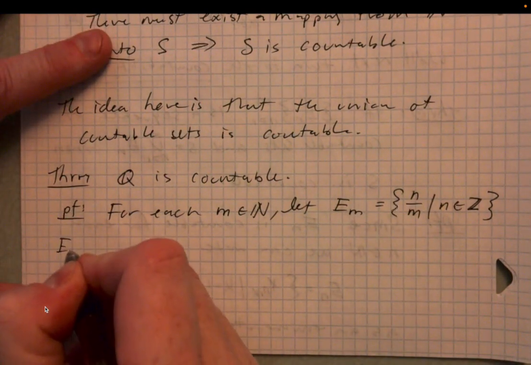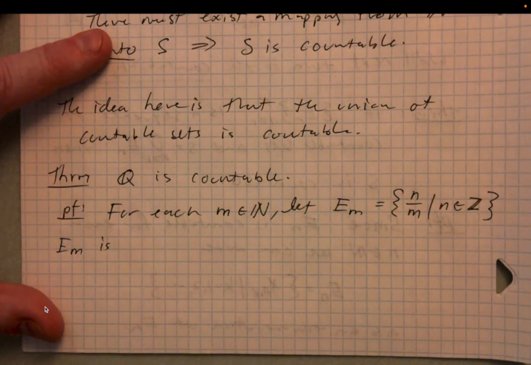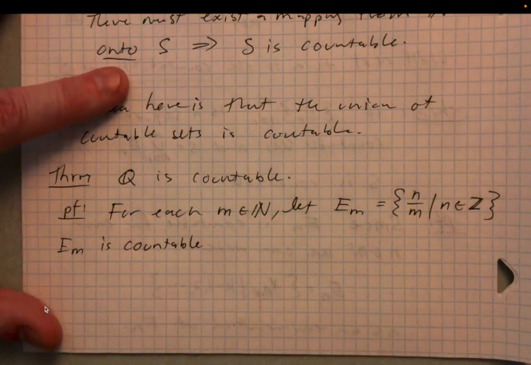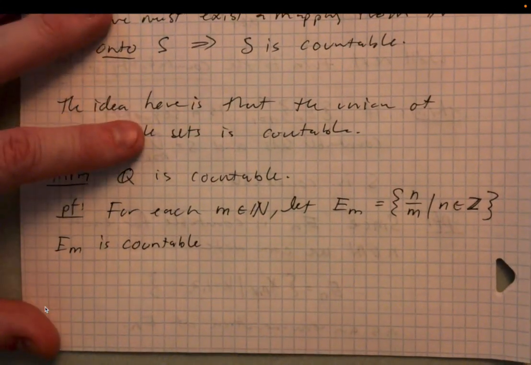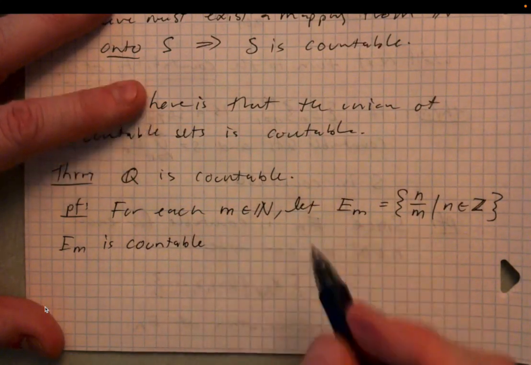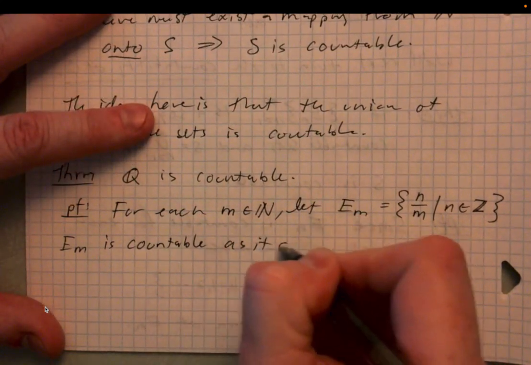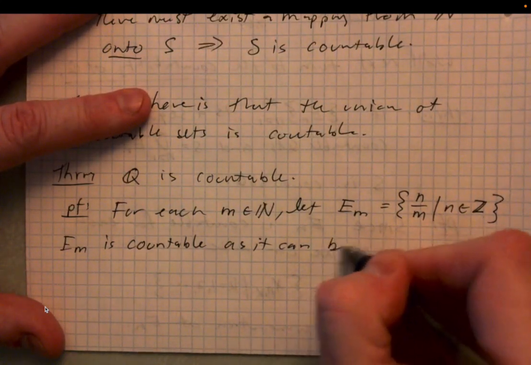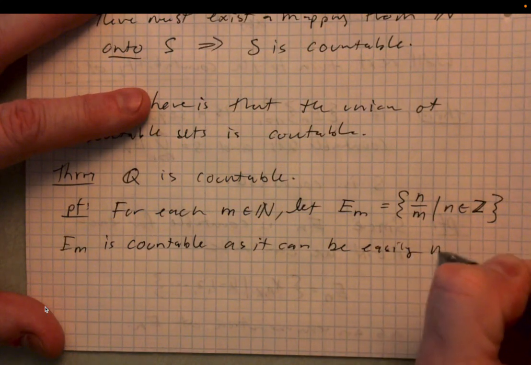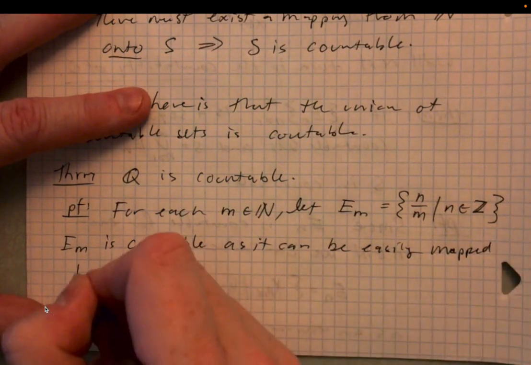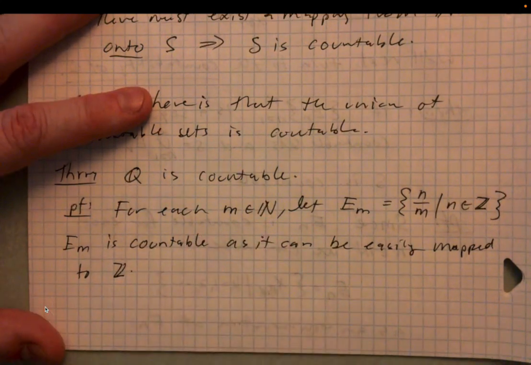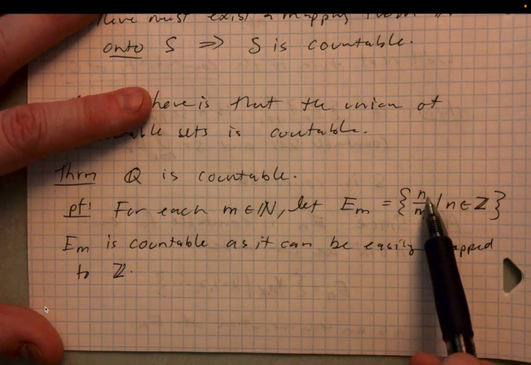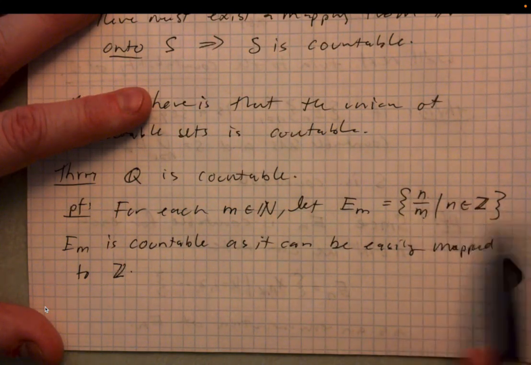Now, what can we say about E sub m? Well, E sub m is countable. How do we know it's countable? Well, we can clearly map this onto the natural numbers. I think it's easier to see that it can be mapped to the integers. It can be easily mapped to Z. Basically the denominator's fixed and the numerator just goes from negative infinity to positive infinity over the integers.